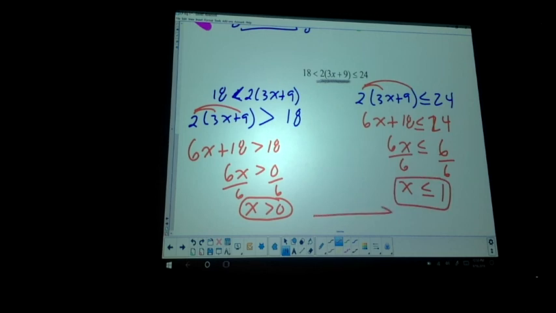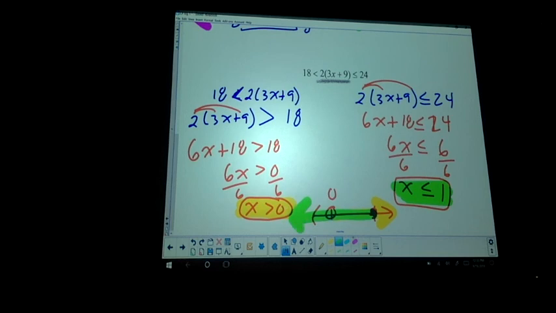Okay, on a number line, I have 0 right here with an open dot. I have 1 right here with a solid dot. So I am shading this one with the yellow. So this goes this way forever. Shade this one with the green. So it's going to be this way forever.